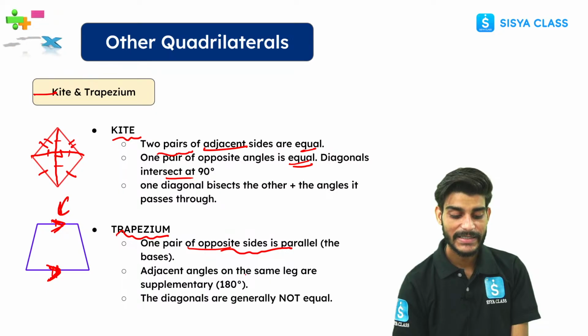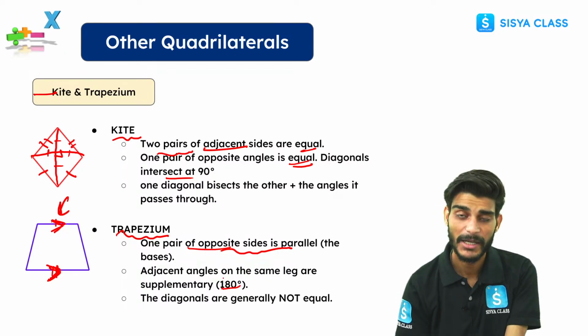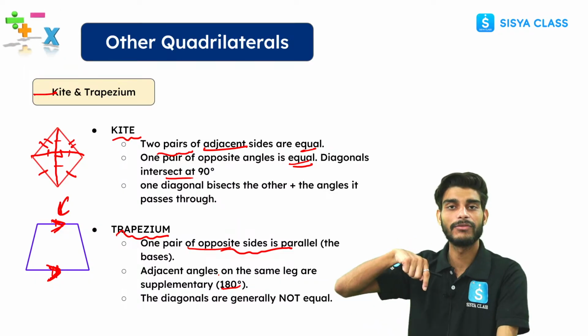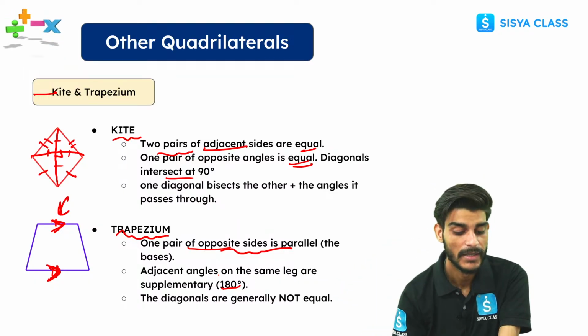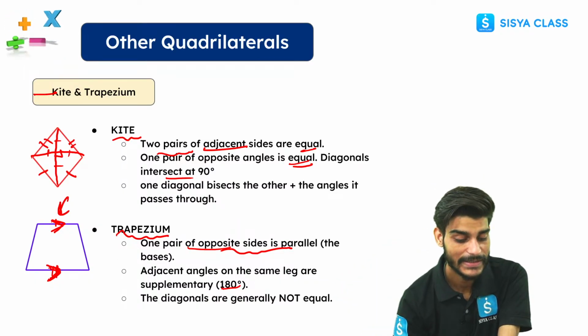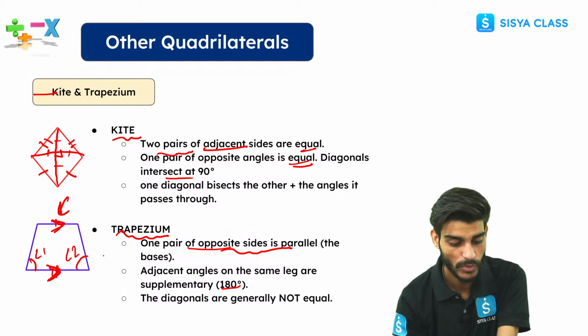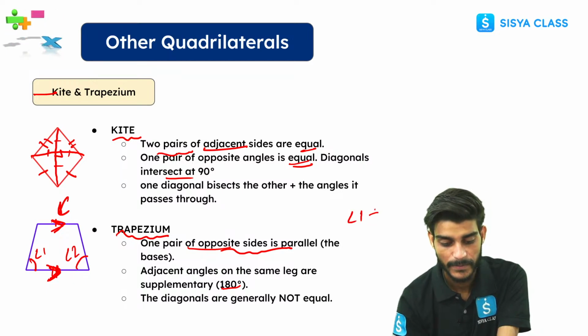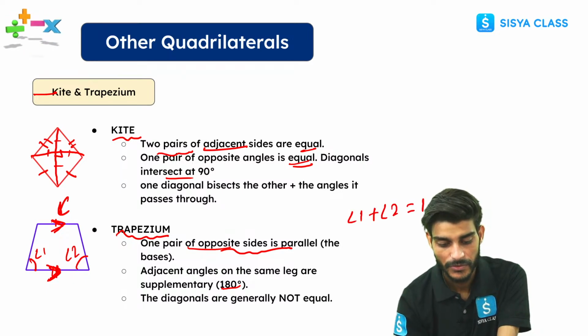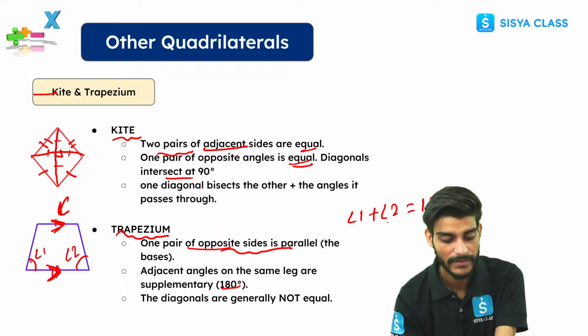Second is the adjacent angles on the same leg are supplementary. Supplementary, I have told you, if the sum of two angles equals 180 degrees, it is supplementary. So adjacent angles on the same leg means it's talking about this. If you add these two angles, let's say this is angle 1 and angle 2, so angle 1 plus angle 2 should be 180 degrees.